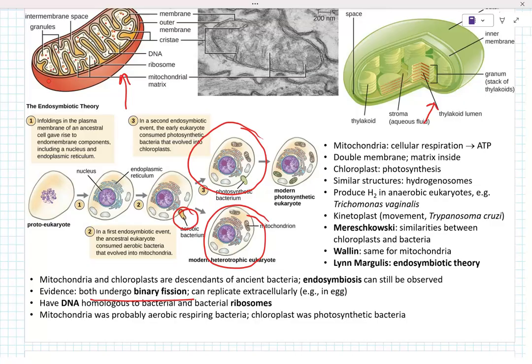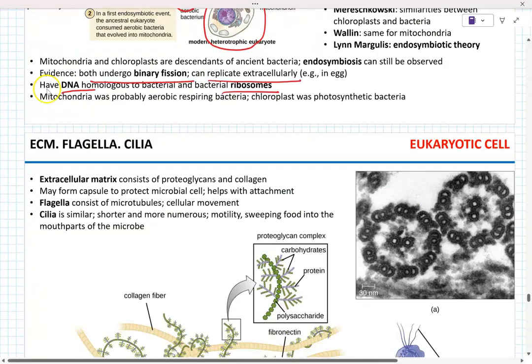When eukaryotic cells divide, mitochondria and chloroplasts also divide. They're not synthesized from scratch. You can replicate them even in an egg. They have DNA, which is very similar to bacterial DNA, and they have ribosomes, which are effectively bacterial ribosomes. All that evidence, albeit circumstantial, pretty much confirms that they are endosymbionts.